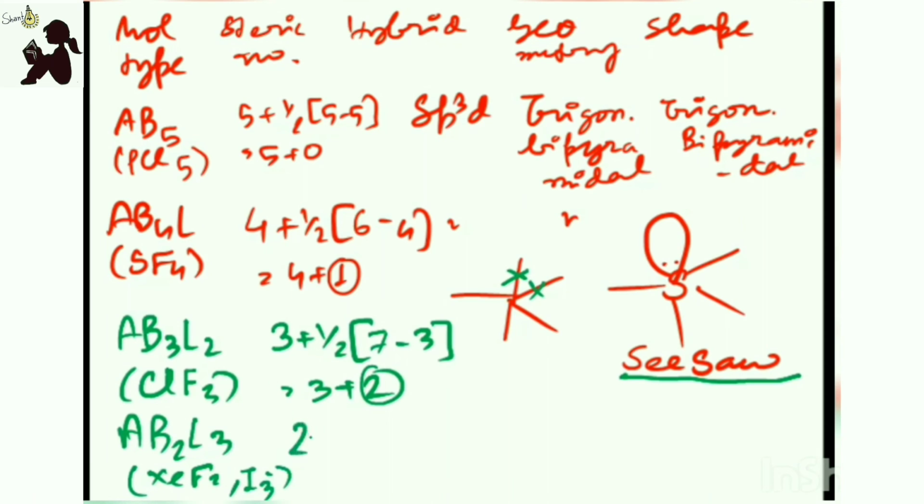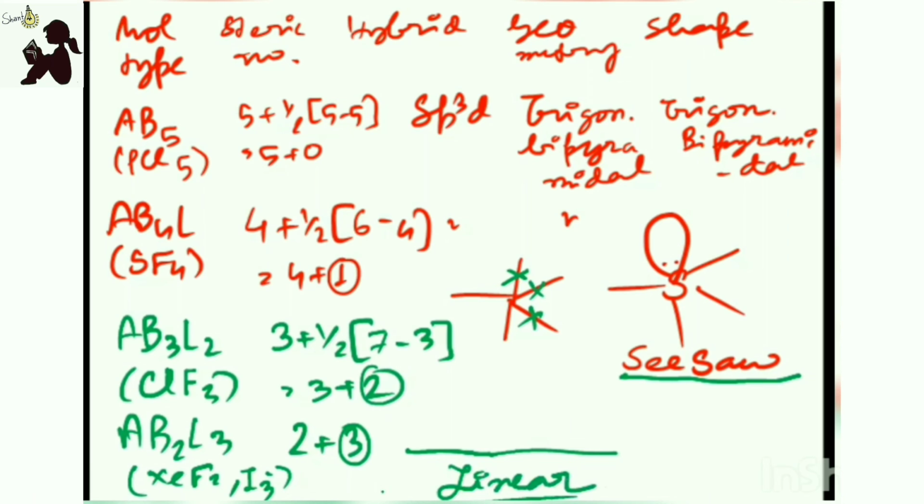It will be 2 plus 3. I'm just directly writing it here. So here 3 lone pairs are present. If it has 3 lone pairs, another bond is excluded. So what happens? It becomes flat or linear. Its shape becomes linear here.